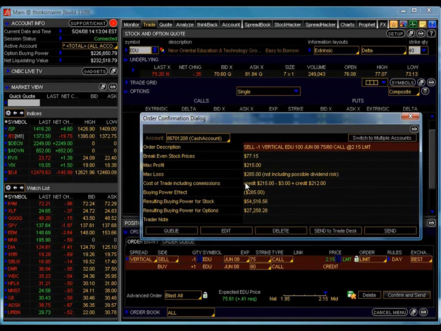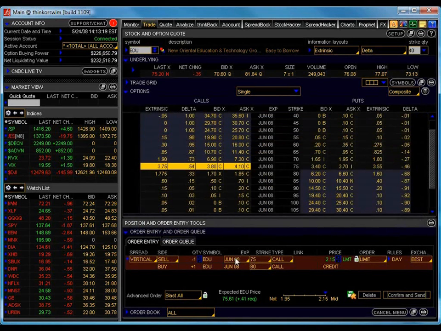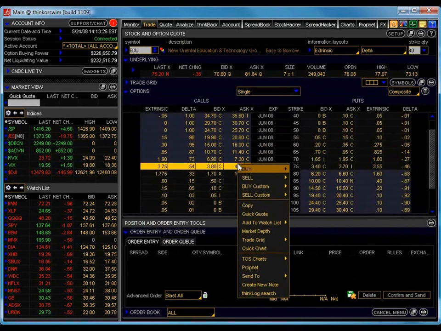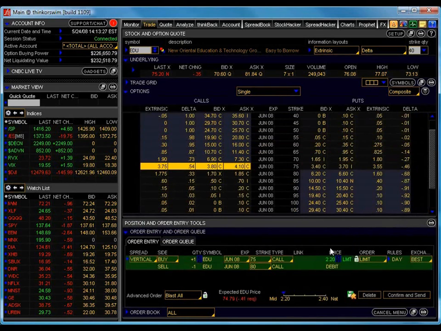And so we would receive a credit. You can see that it's a credit of $215 minus the $3 in commissions that we pay for a net credit of $212. What is the difference then? I mean, why would you do this rather than just buying the vertical spread as we had in our previous discussion?